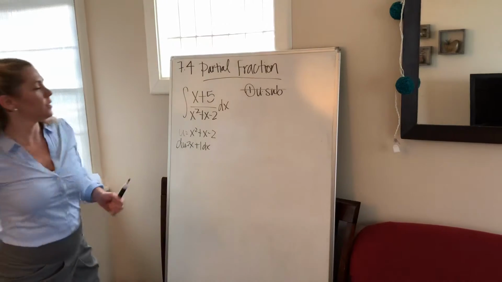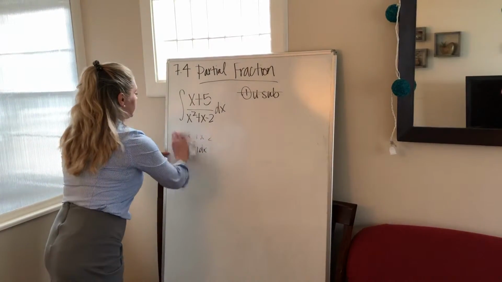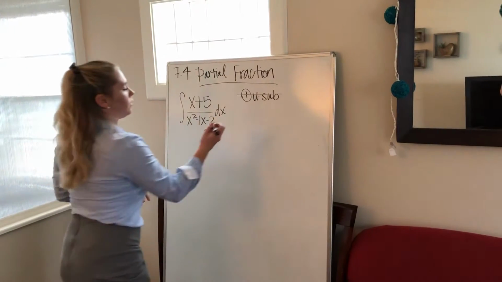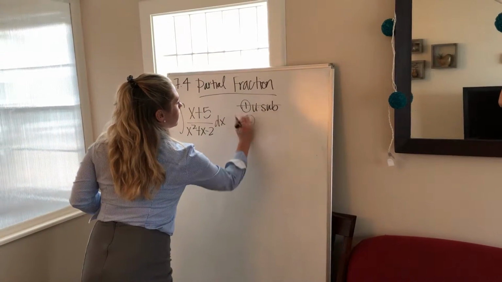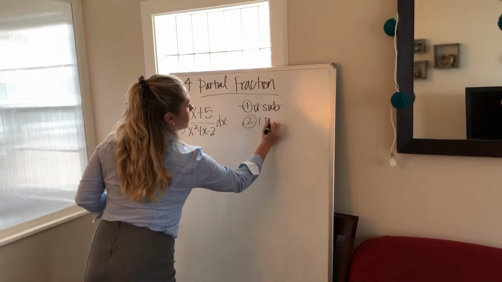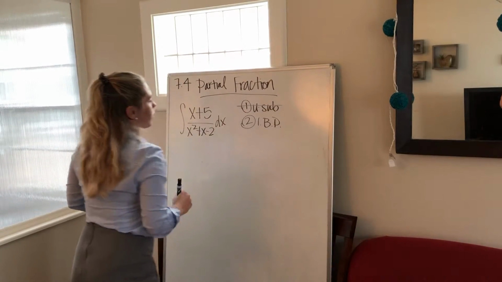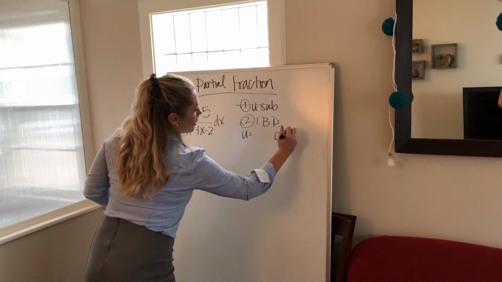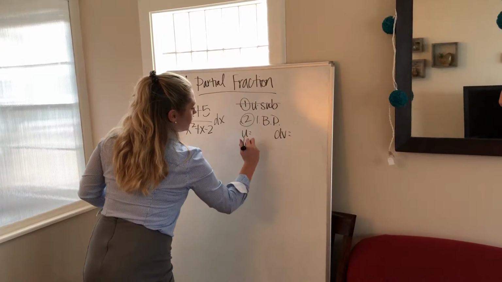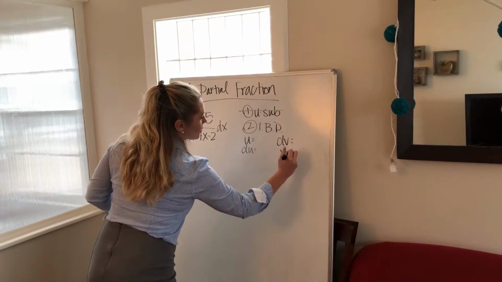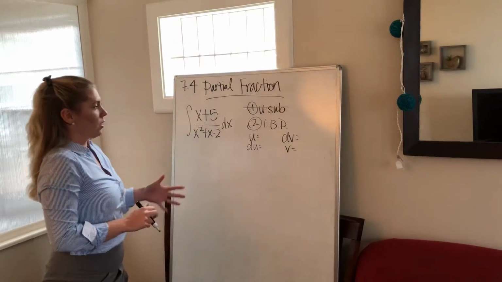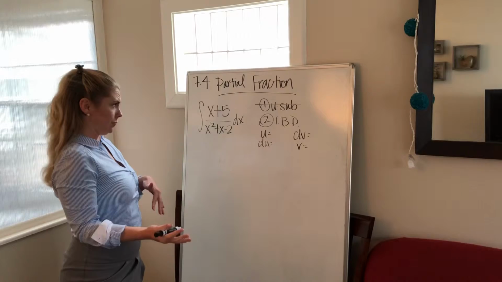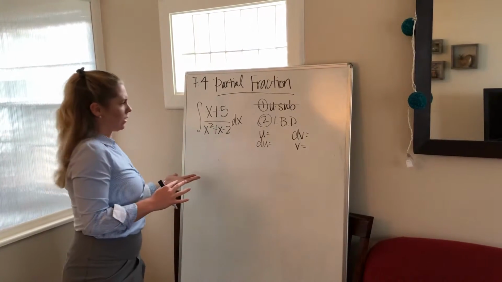So, what's another one of our integration techniques? We've also learned integration by parts. So for that one, as you recall, we've got a u, we've got a dv, we need to find the derivative of u, and we have to find the antiderivative of dv. Either one of these, we're going to have to find the derivative or the antiderivative of it, and that's going to get messy and complicated.